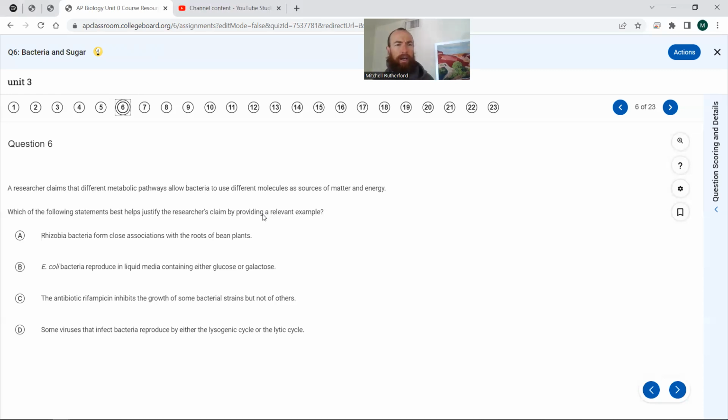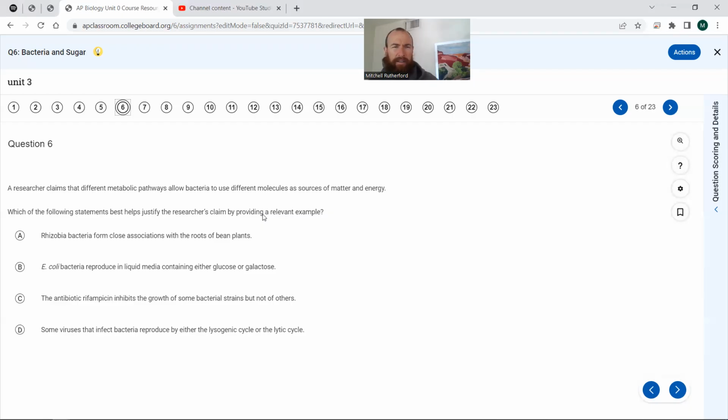A says rhizobia bacteria form close association with the roots of bean plants. No, we're not talking about two different bacteria. Can't be right. B, E. coli bacteria, media containing, again, yeah, that's a bacteria, but I'm going to look for one. C, the antibiotic rifampicin inhibits the growth of some bacterial strains, but not others.